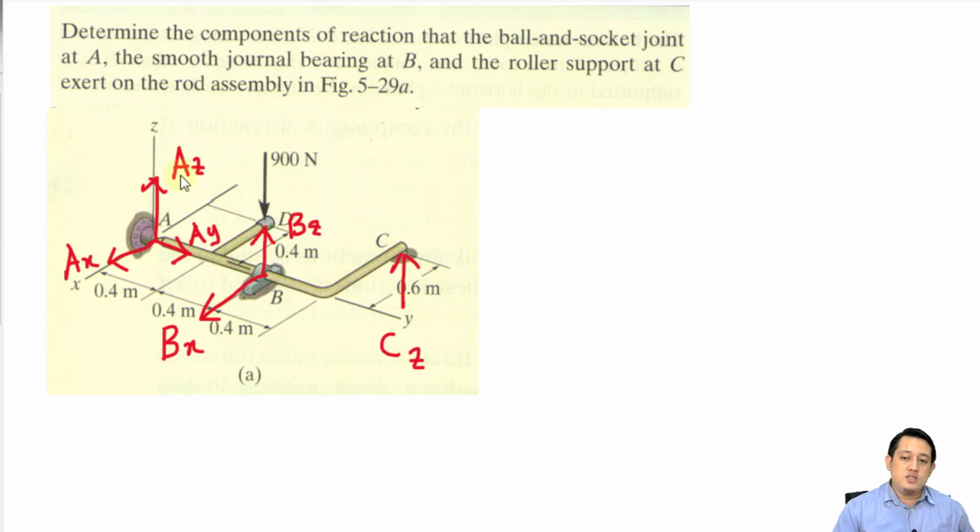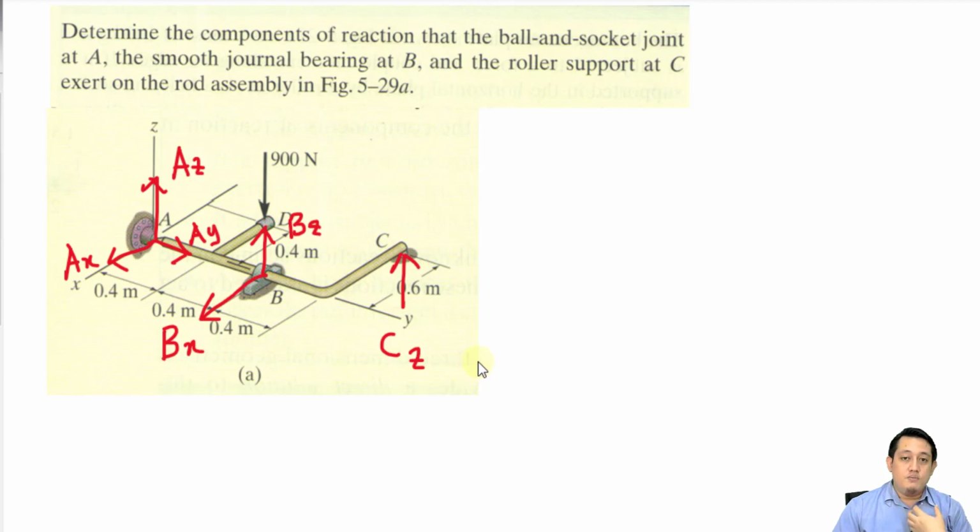How to determine these values? We have a lot of unknown values here. So how to calculate them? We can use moment. Which moment? Actually, we can use moment in scalar, which is 2D, and also moment in vector, which is 3D. Both are okay.